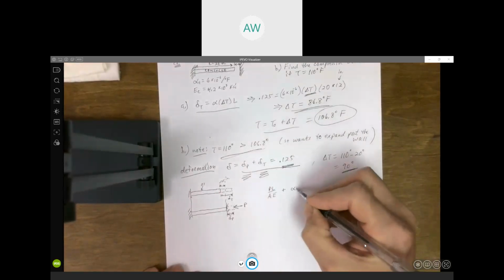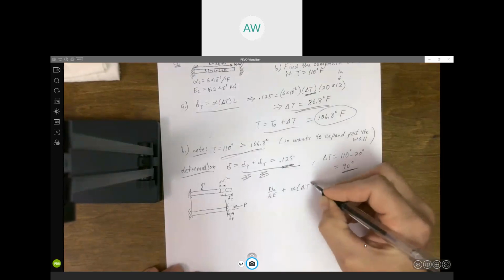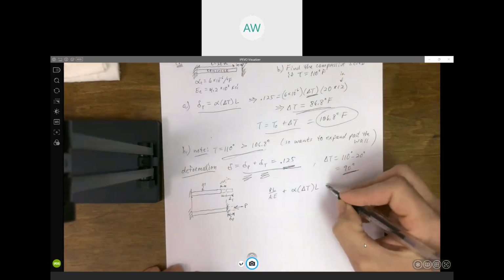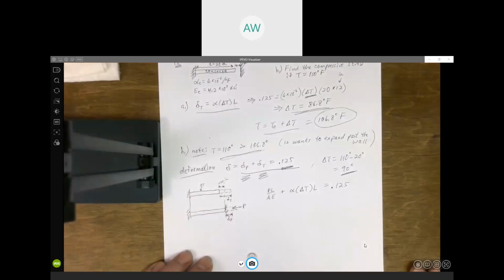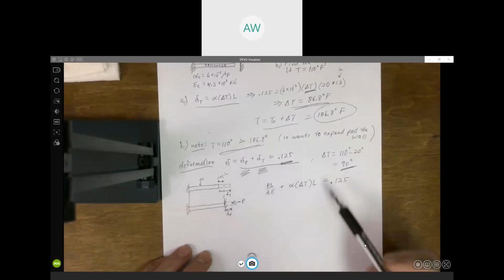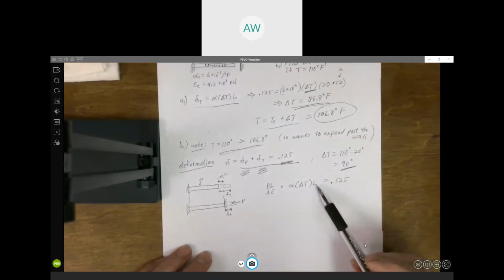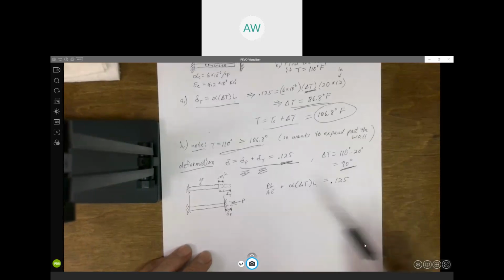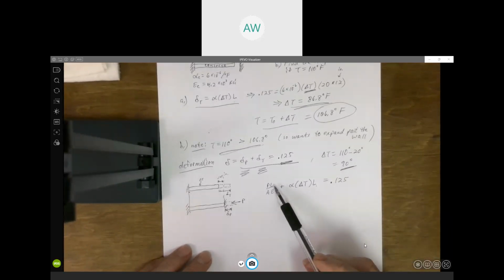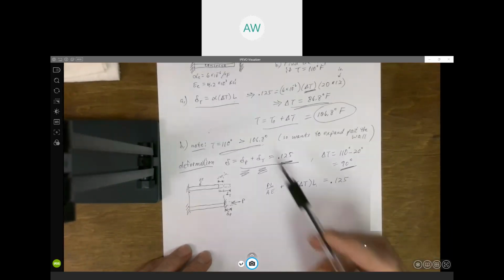Delta T, that's my alpha, delta T, L. And those two added together have to add up to 0.125 inches. Now, we know most everything here, right? We know we started out with 20 feet. We know delta T is 90. We know alpha. Again, we know L. We know E, that was given.